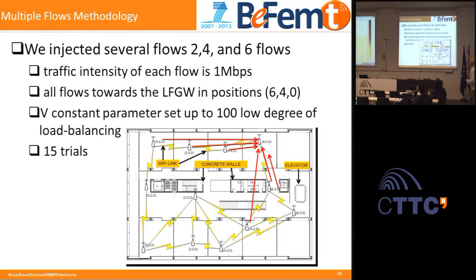The parameter B was set to 100. We still haven't evaluated the variable B algorithm in the testbed. It's future work. And we performed this experiment 15 times for every offered load injected to the network.